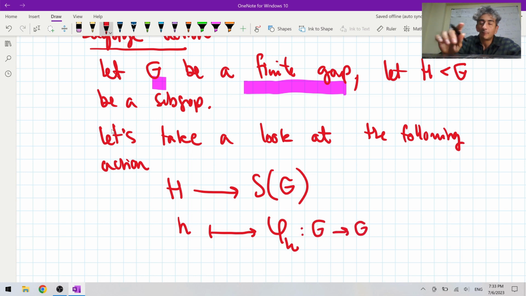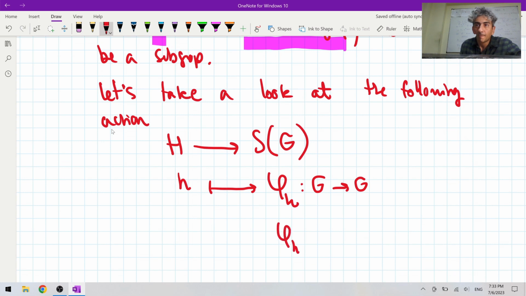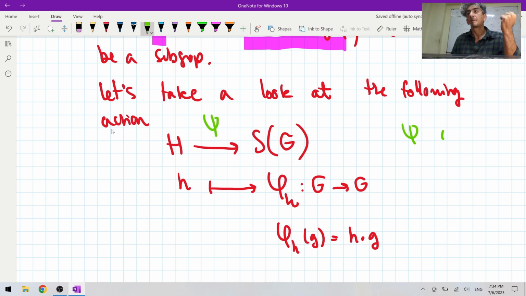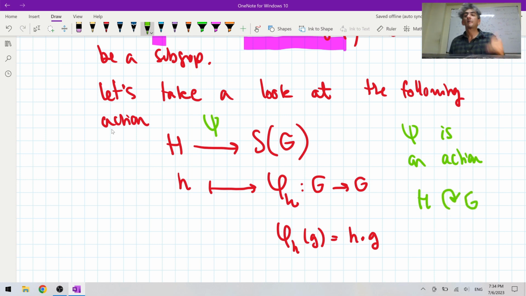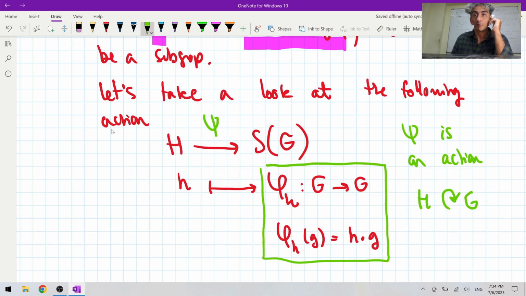The bijection corresponding to H takes a G and multiplies G to the left by H. So it can be checked that this psi is an action. This is H acting on its ambient group. Sometimes they say by translation on the left. You multiply using the small h to the left of G.